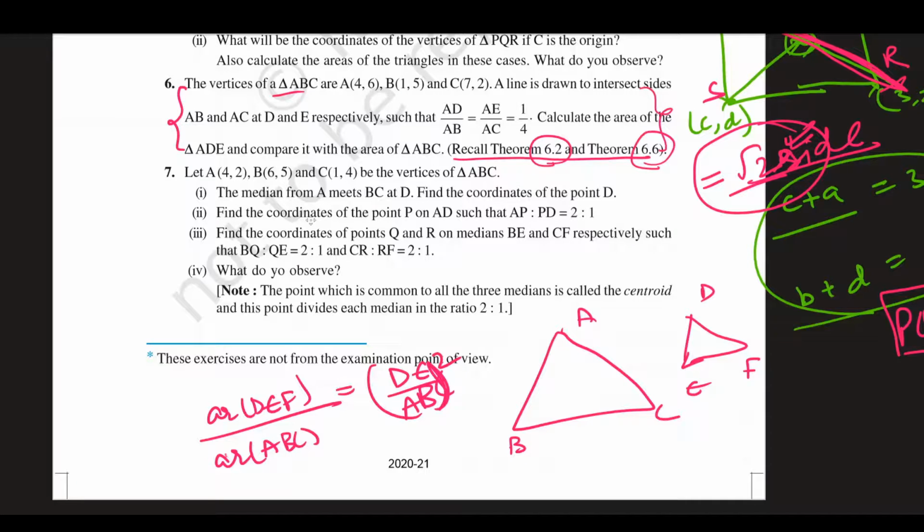This is the rule that you will be using in the sixth question.